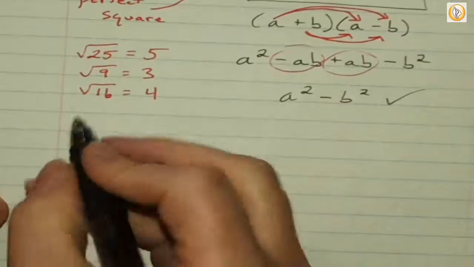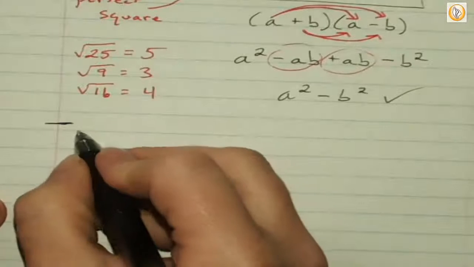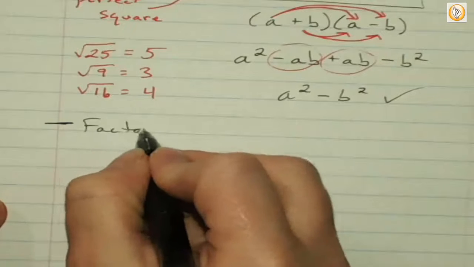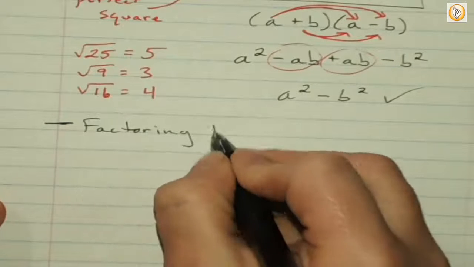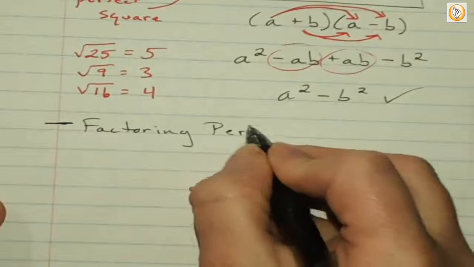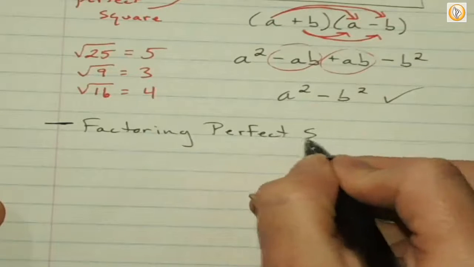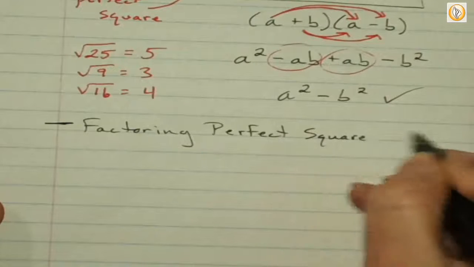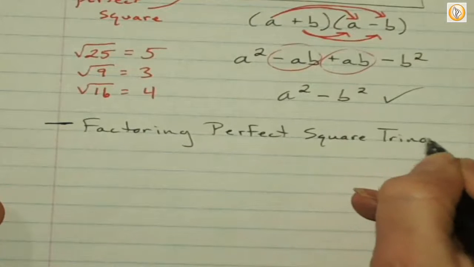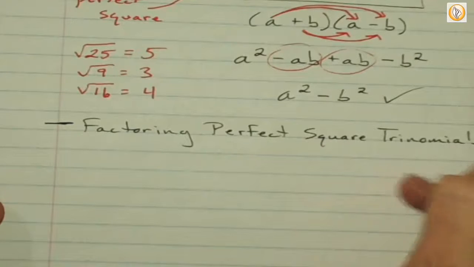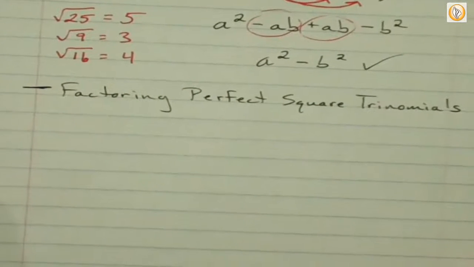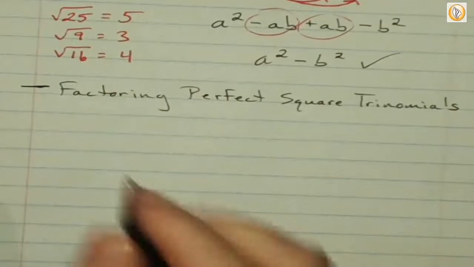Let's say we're going to be factoring perfect square trinomials. Factoring perfect square trinomials. All right.